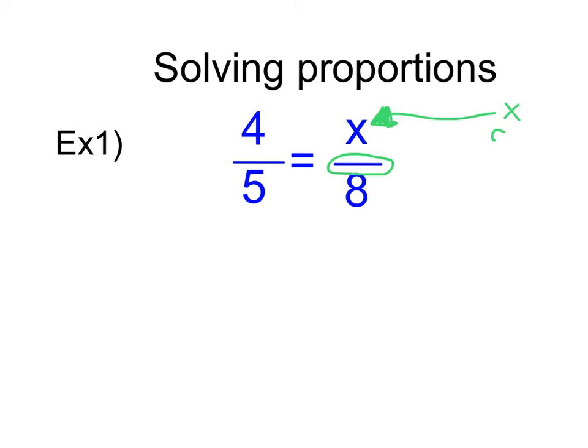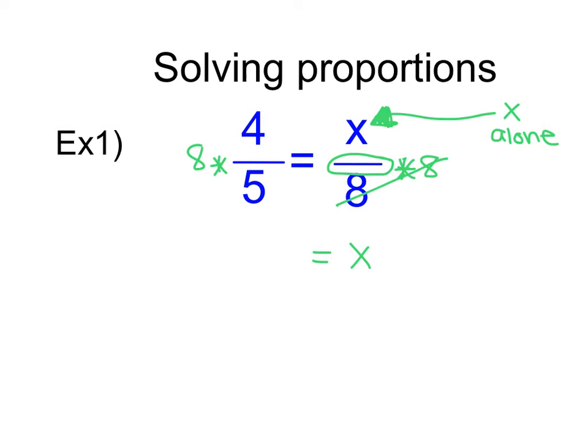So I need to get x all alone. x is currently being divided by 8, and my way to undo division, remember a fraction is division, is to multiply both sides by 8. In doing so, I get x alone on the right and 8 times 4/5 on the left.